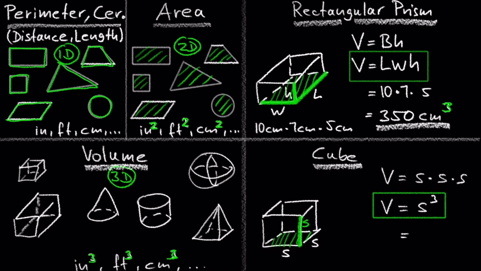So if one side of a cube has a length of 3 centimeters, then the volume is 3 cubed, which is 3 times 3, which is 9, and 9 times 3 is 27 centimeters cubed. But we say the volume of a cube with a side length of 3 centimeters is 27 cubic centimeters.